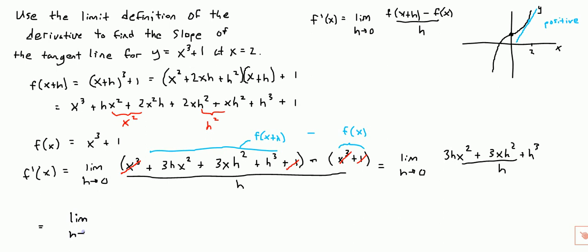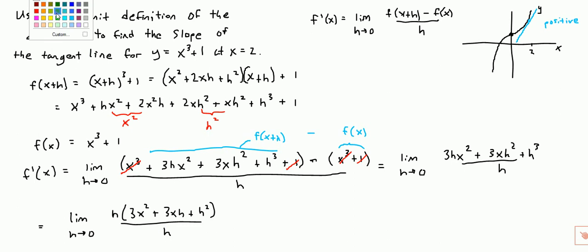So the limit as h approaches 0 of h times 3x squared plus 3xh plus h squared, and then everything is divided by h. Okay, but now we have an h on top and an h on bottom, so we can cancel those.